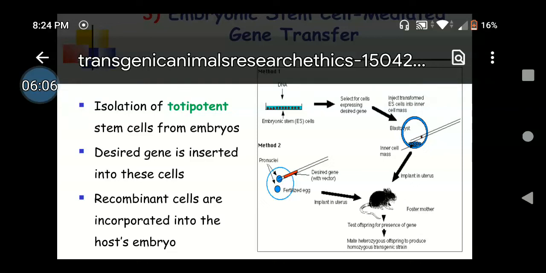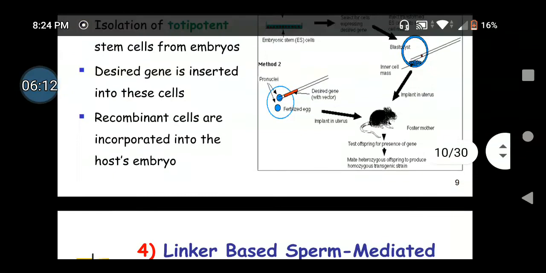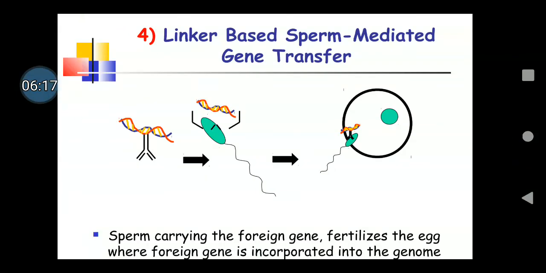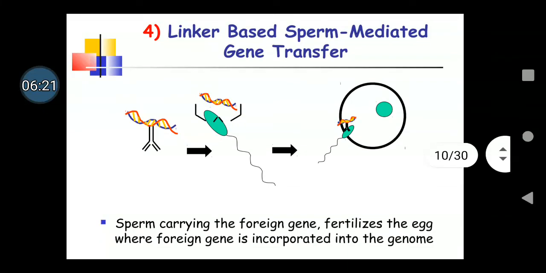The male heterozygous offspring produces a homozygous transgenic strain. The next is linker-based sperm-mediated gene transfer. The sperm carrying the foreign gene fertilizes the egg, where the foreign gene is incorporated directly into the genome.